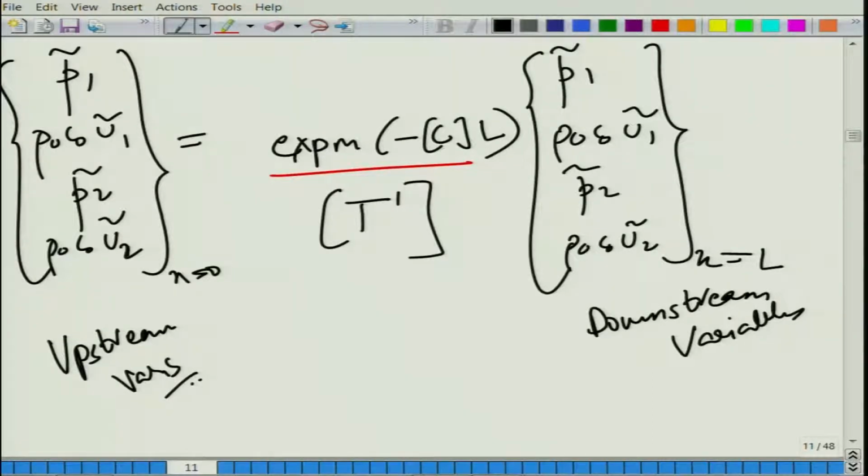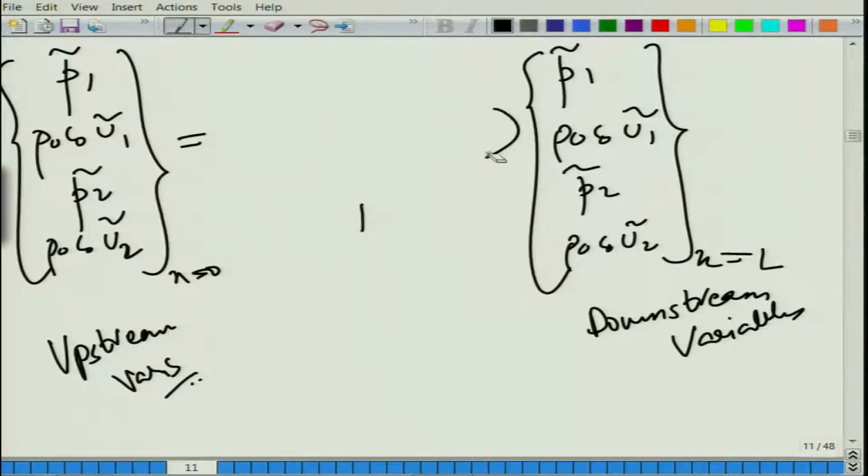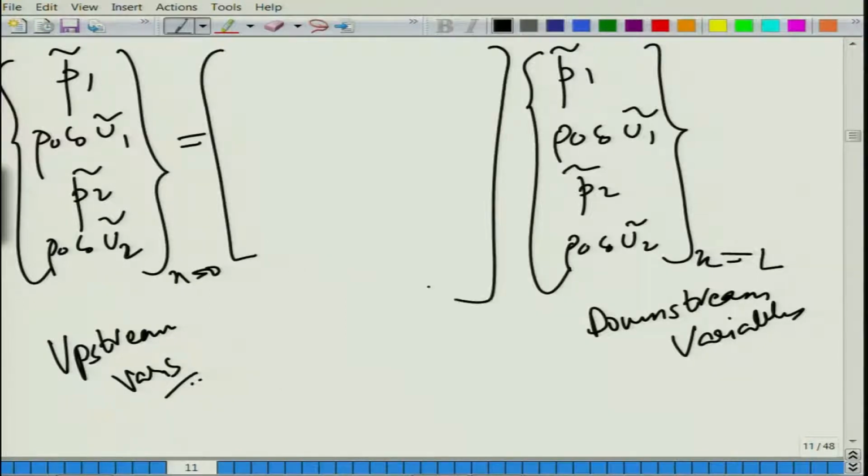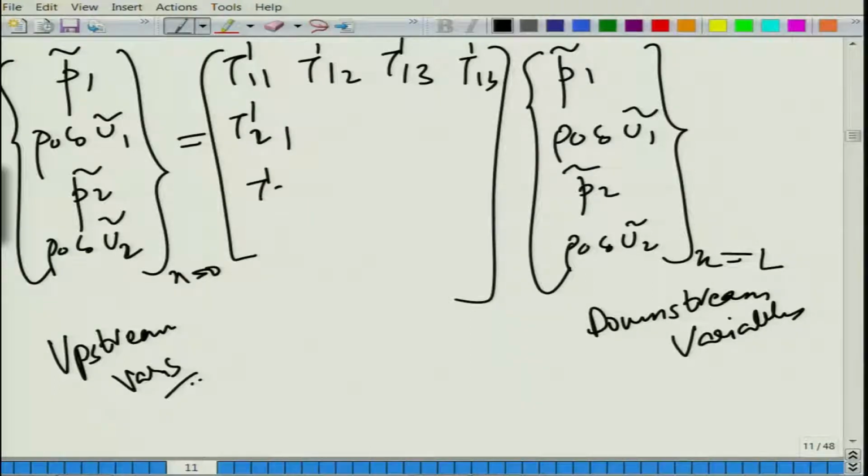Let me just rub this and write it something like this: T11, T12, T13, T14. So, this will become like this.